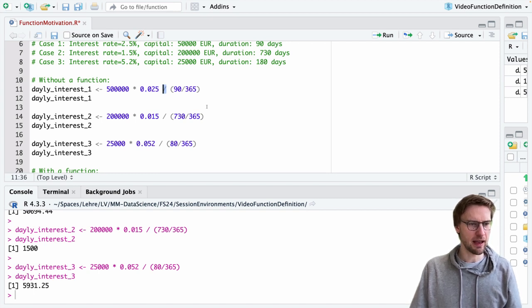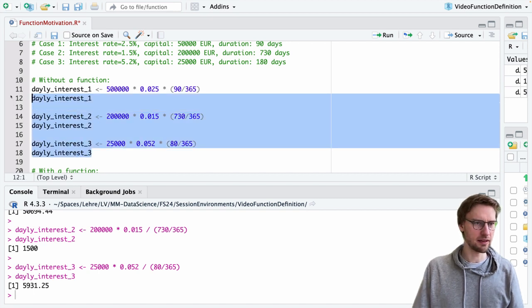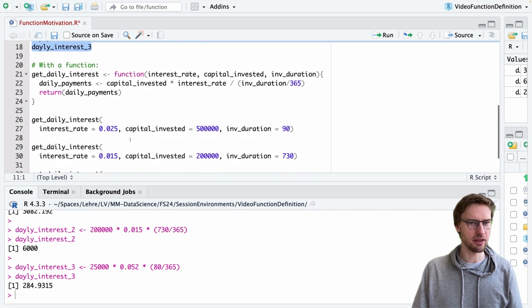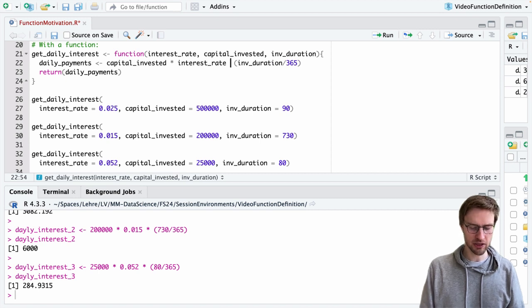So if we are dealing with this case without a function, we need to correct our mistake in 3 instances before we get the correct values. If we had written our function here, there would be the same problem, but we now need to correct our error only once here in the function definition.